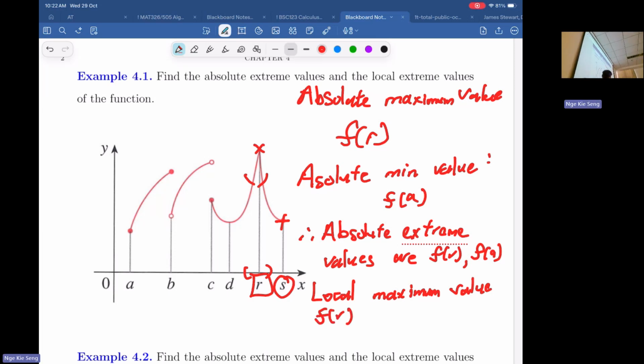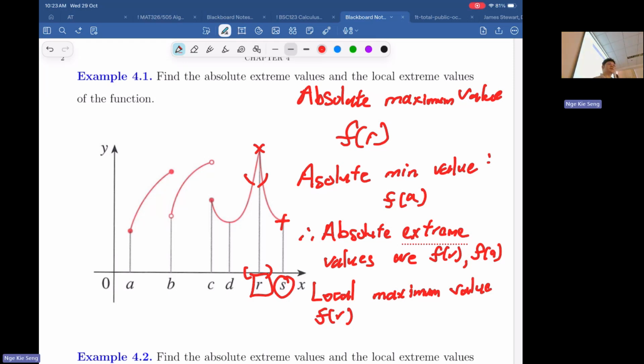How about f(S)? If you take a small neighborhood around it, what do you see? Everything else is greater than it, so it shouldn't be a maximum. We want maximum, not just any local extreme value. Let's look for local maximum first.